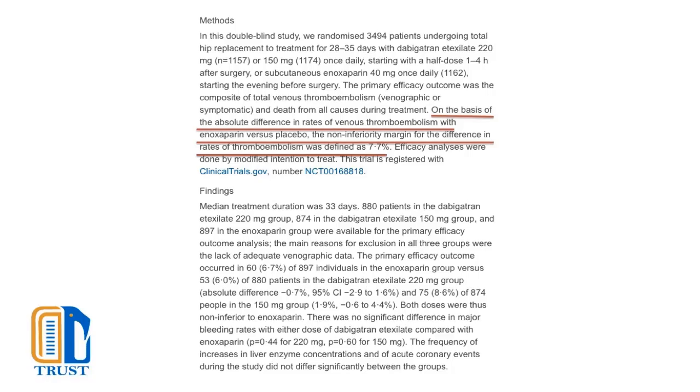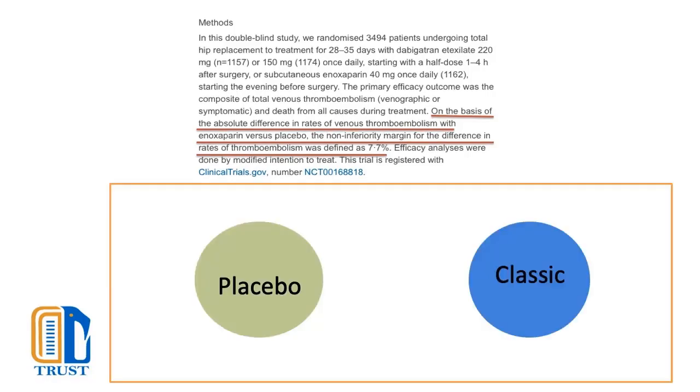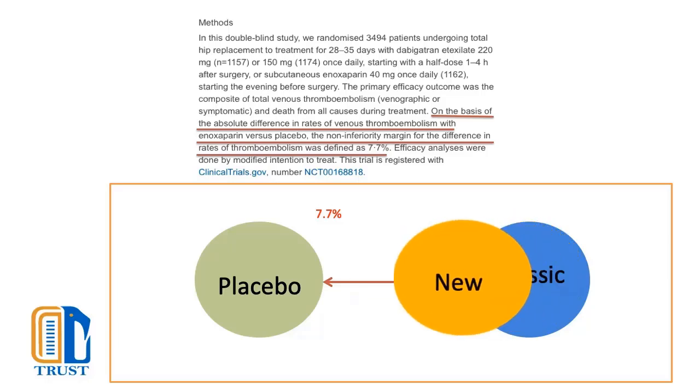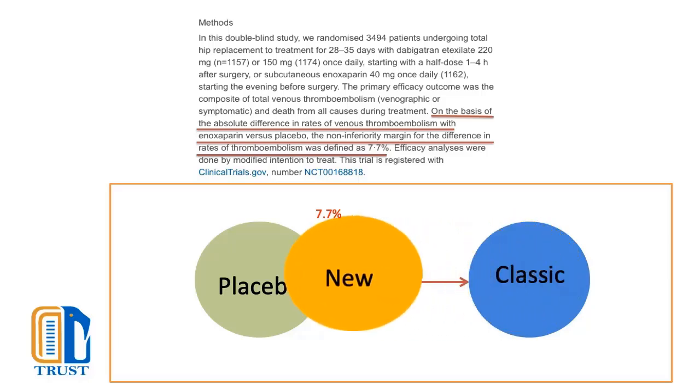In other words, as long as the difference between the new treatment and classic treatment is smaller than 7.7%, a patient receiving either treatment will not only enjoy comparable benefit, but this benefit will always be significantly better than the placebo. On the other hand, if this difference bypassed the non-inferiority limit, the results of the new treatment will be comparable to that of placebo, and significantly inferior to classic treatment.